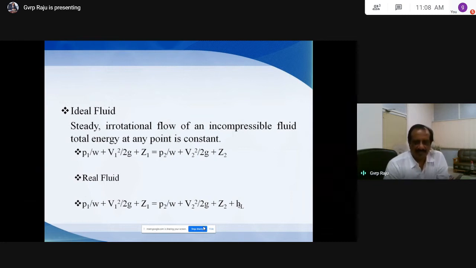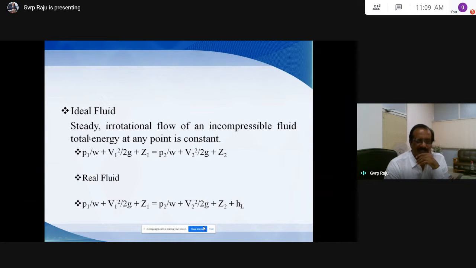So for a real fluid, this is HL, the loss of head, and sometimes he may ask you for the piezometric head. The piezometric head is P1 by W plus Z1, the summation of pressure head and datum head.